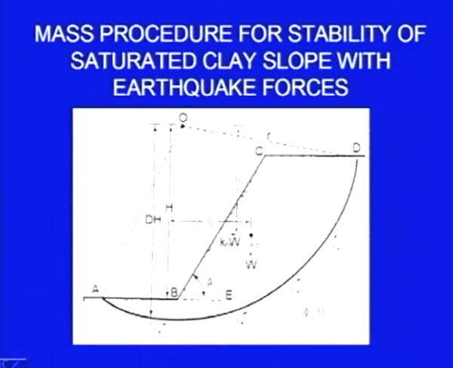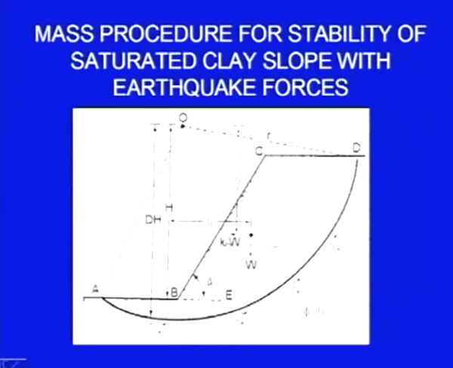The additional component in this case is the force due to earthquake, and that force is taken as the weight of this wedge multiplied by a coefficient Kh. Kh is the ratio of the acceleration due to earthquake divided by the acceleration due to gravity. So, this Kh multiplied by W gives you the force which acts here, and the force is taken to be acting in this direction. So, it is destabilizing.